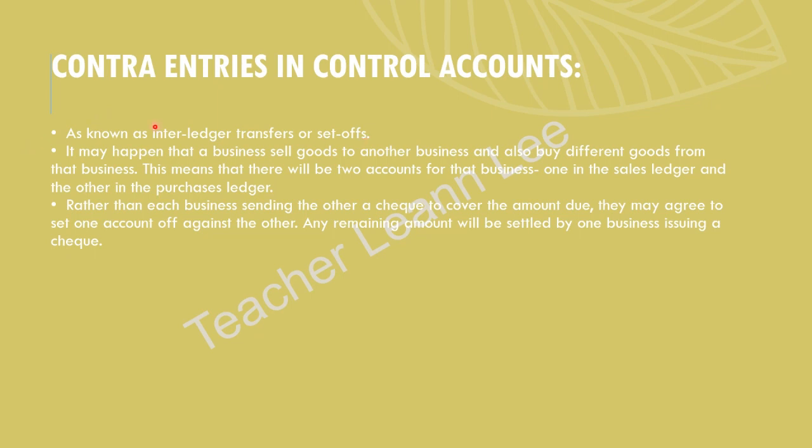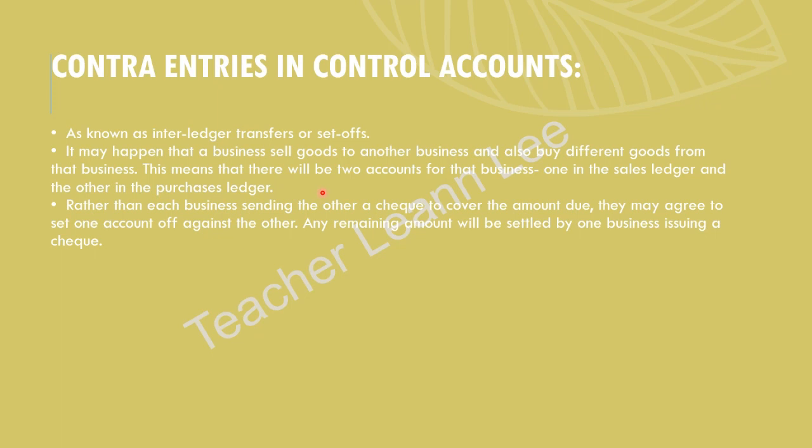All right, we go to the contents here. Also known as the inter-ledger transfer or set off. It may happen that a business sells goods to another business and also buys different goods from that business. This means there will be two accounts for that business, one in the sales ledger and the other in the purchases ledger, as in the example of TR A just now.